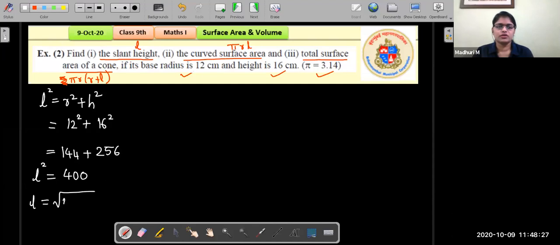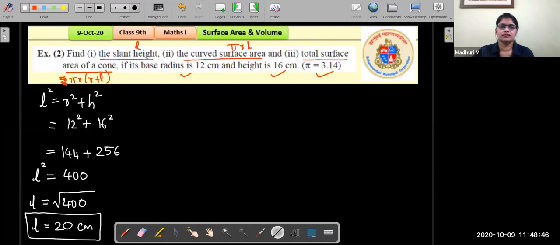That would be square root of 400. And what do we get? Square root of 4 is 2, and square root of 100 is 10. That would give us 20. So that's how we got length. Length is 20, and very important, we have to put the units. So we got length equals 20 centimeters.